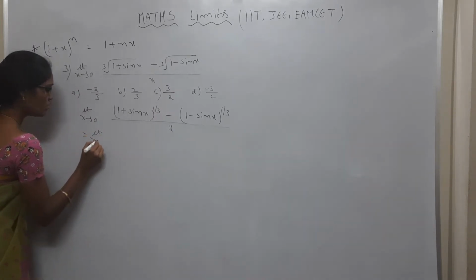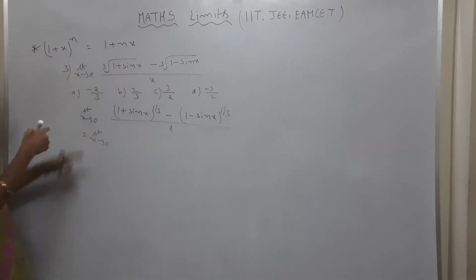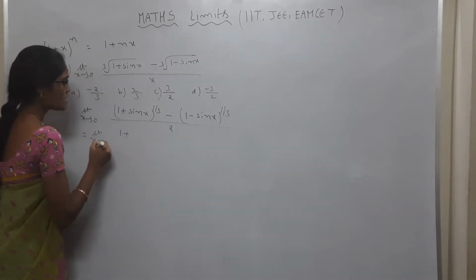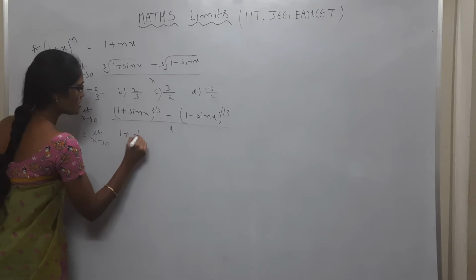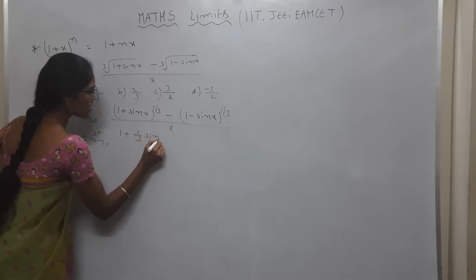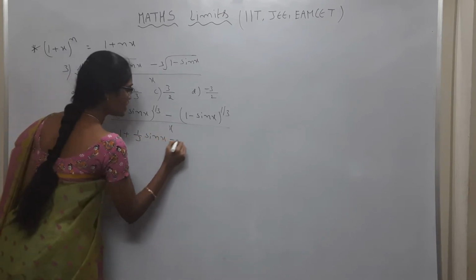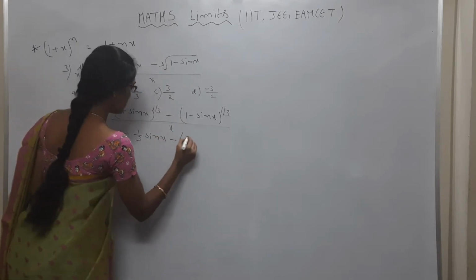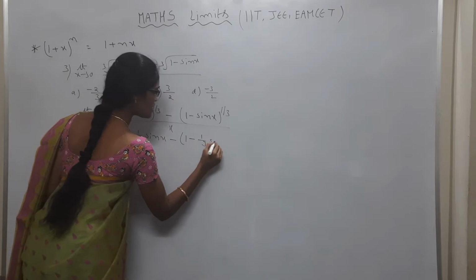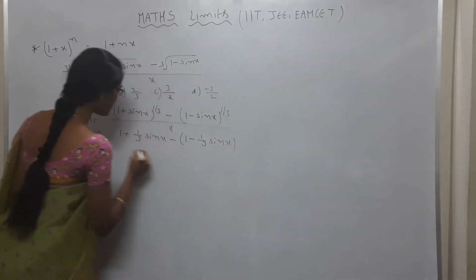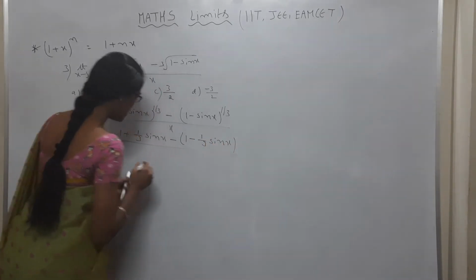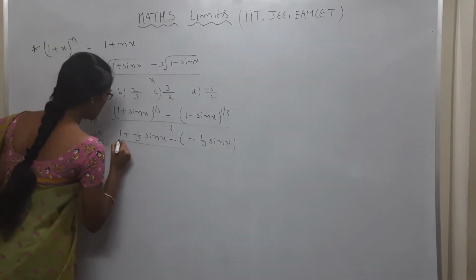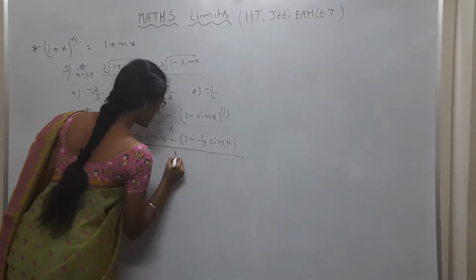So limit x tends to 0. Applying the formula 1 + nx, our formula is 1 + nx. Here n means 1 by 3 sin x, minus, here 1 minus 1 by 3 sin x, divided by x.